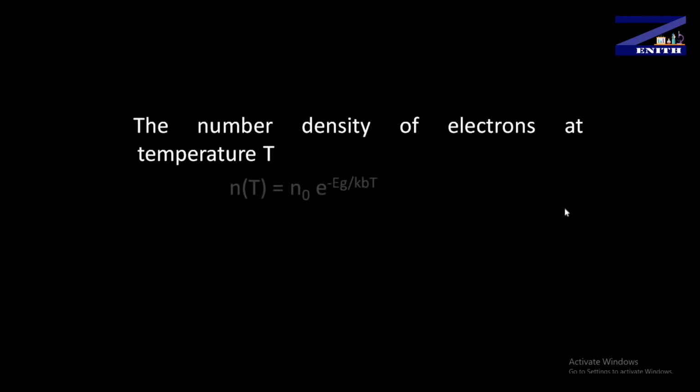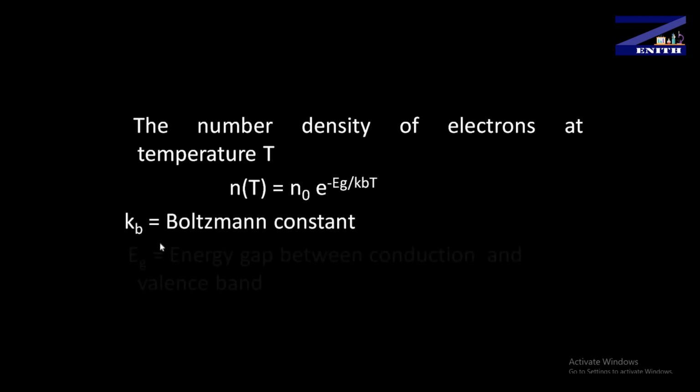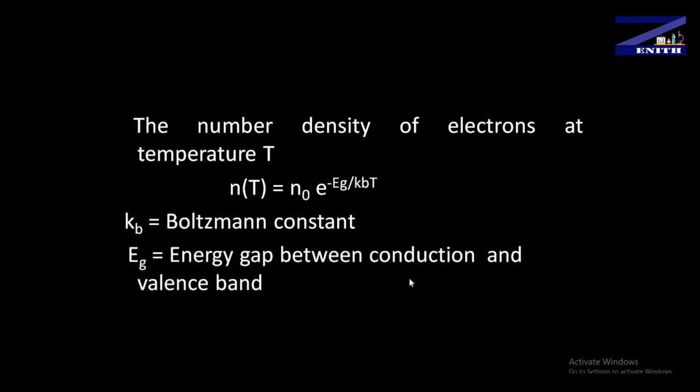Now for the formula. The number density of electrons at temperature T is given by n_T equals n naught e to the power minus Eg by kB T, where kB is the Boltzmann constant and Eg is the energy gap between the conduction and the valence band.